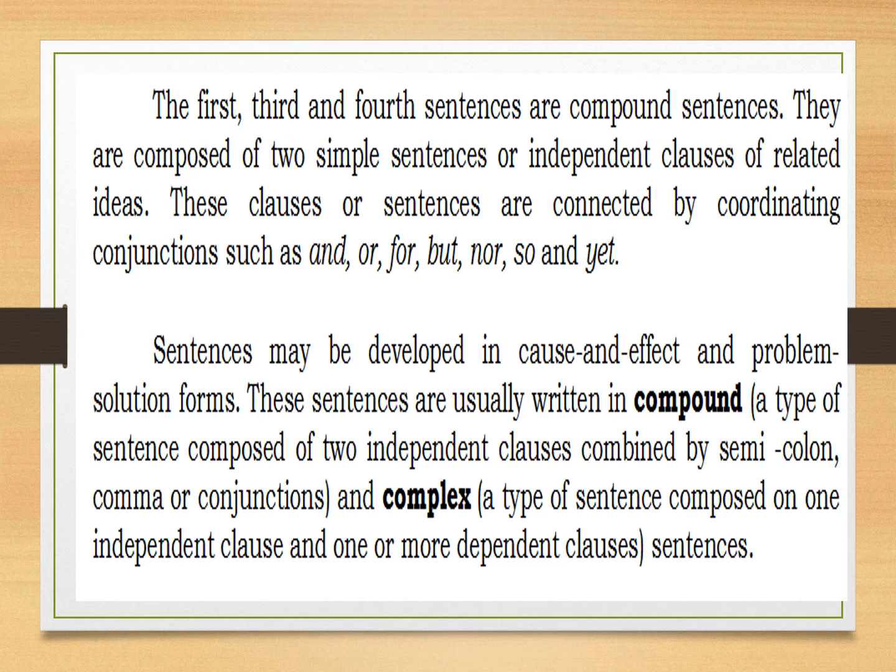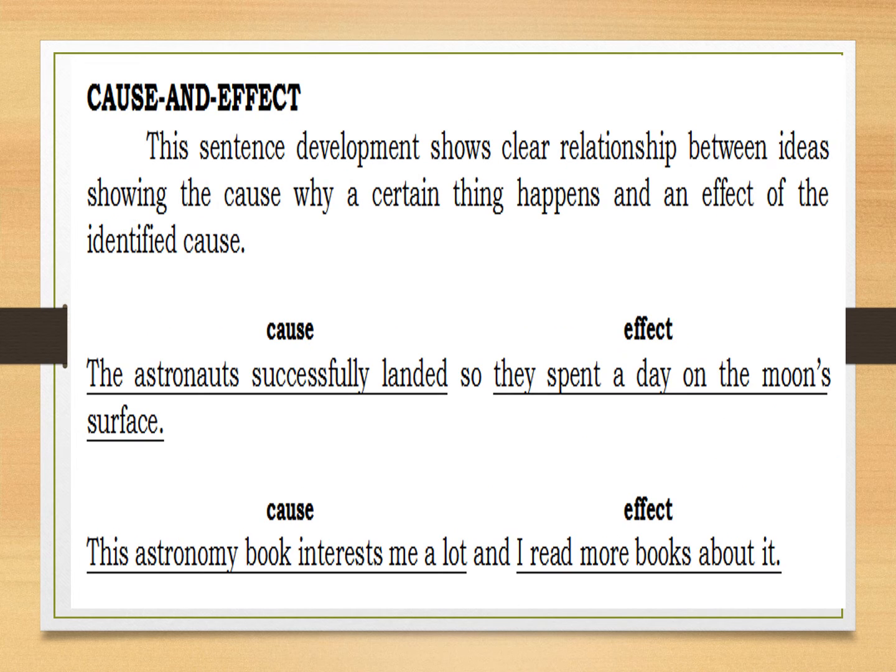Cause and effect. This sentence development shows clear relationship between ideas, showing the cause why a certain thing happens and an effect of the identified cause.